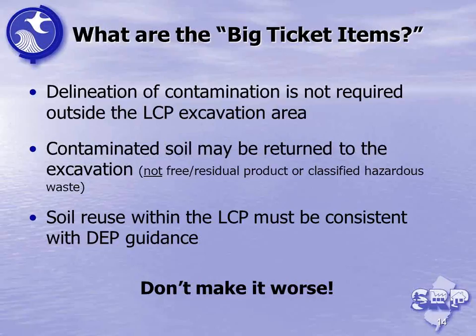So the big ticket items, what's a little bit different in this guidance than all the rest of the DEP rules and guidance, is that the linear construction entity does not have to delineate contamination that they encounter outside their excavation area. They're allowed to just have their excavation area within their project and focus on what they run into. If they encounter gross contamination, they should remove that contamination.